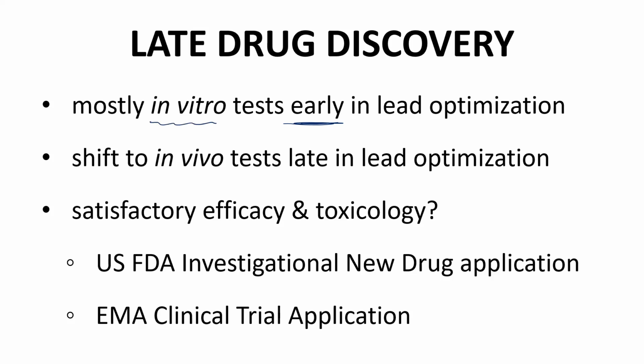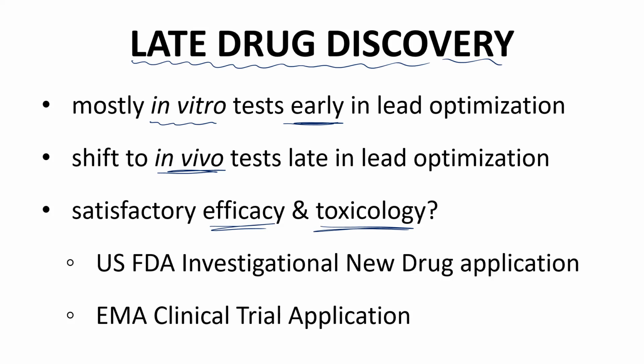Compounds that show reasonable activity and safety in the in vitro assays will likely be advanced into animal studies, in vivo studies. The in vivo studies typically occur in the later stages of drug discovery. These studies gather evidence of in vivo efficacy and toxicology.